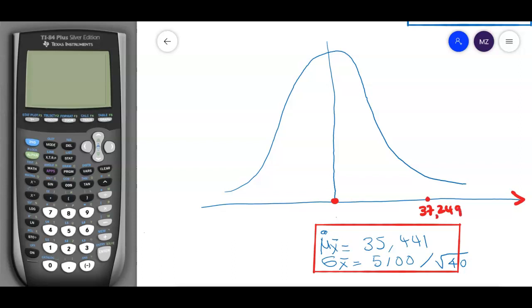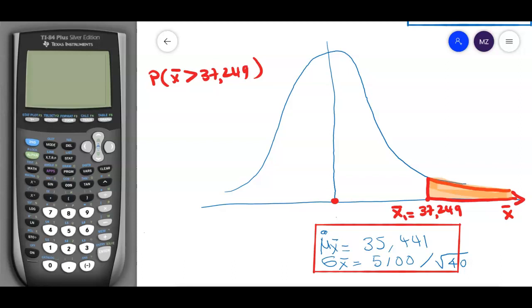Because I am on the X bar again, I'm going to call this one X1 bar. If I'm looking for the probability of X bar greater than 37,249, therefore I am going to the right side and I am looking for this area. So that's basically the new probability.